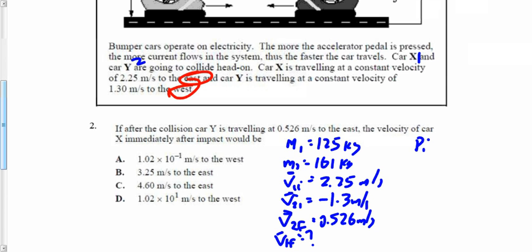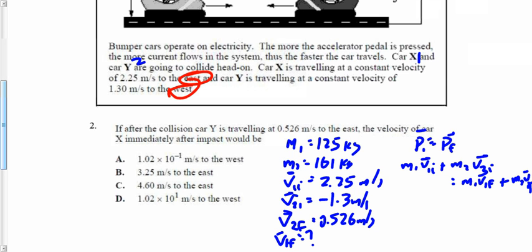PI equals PF. Don't really have enough space for this one. Pretend you can make out what that says. M2 V2F, right? So what do we got here?